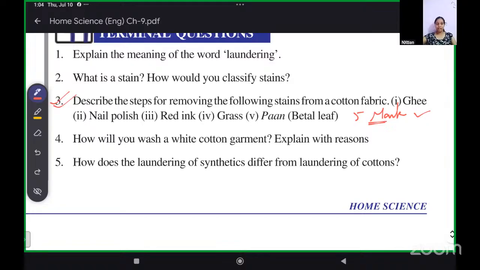Since it's a 5 mark question, don't write 5 lines. For every point, first point, second point, third point, fourth point, fifth point, 2 to 3 lines for every point should be there. All right, do this right now.